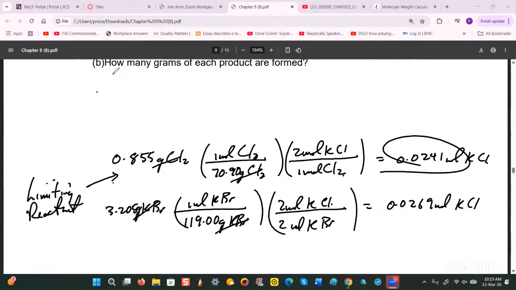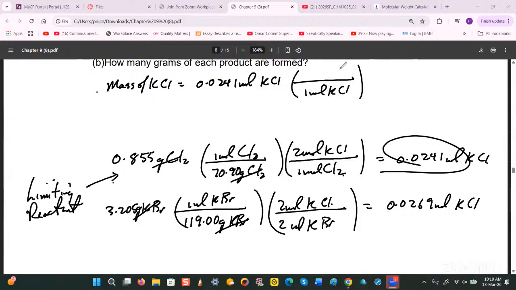So mass of potassium chloride is going to be equal to the moles of potassium chloride multiplied by 1 mole of KCl down here and the molar mass up here. So again, let me go to my trusty molar mass calculator.